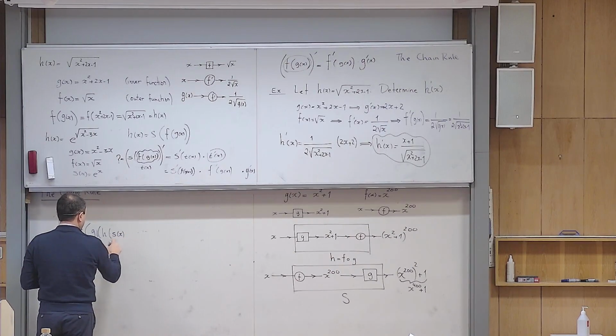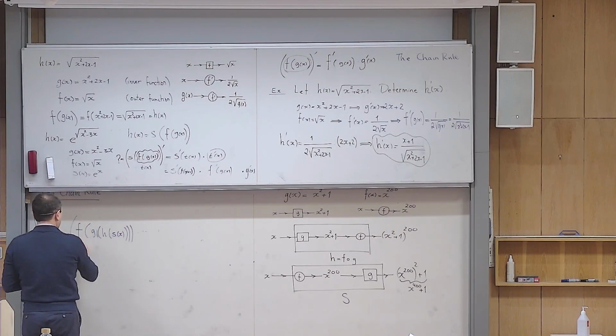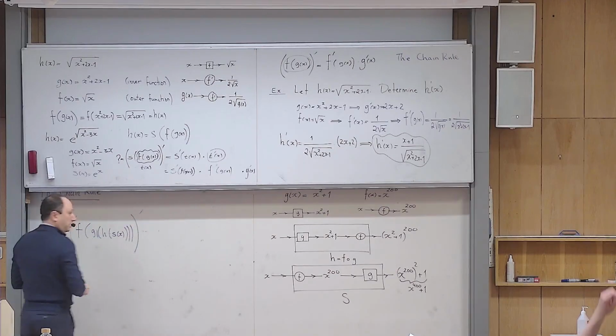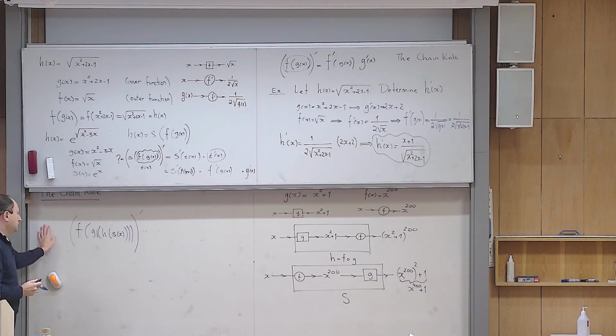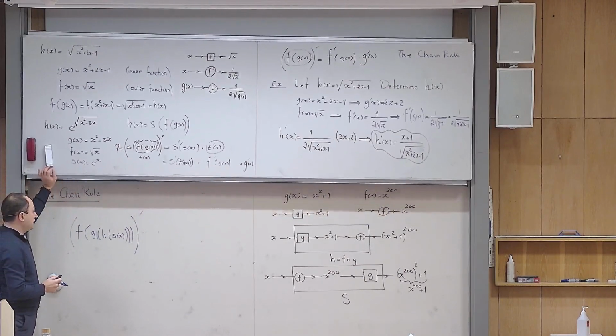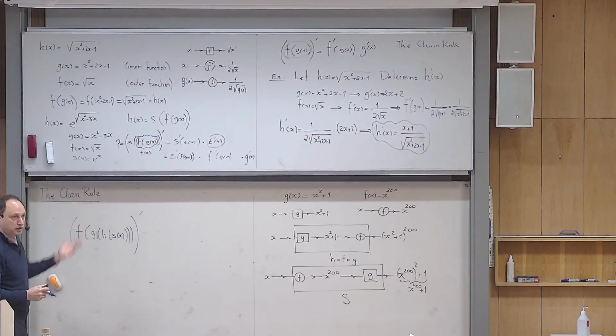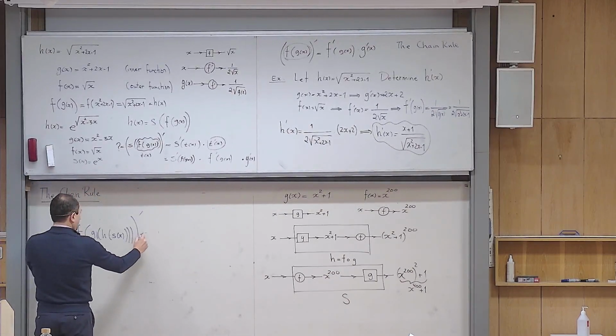One, two, three, four brackets open, one, two, three, four brackets closed. And then I ask you to find the derivative of that. Can you tell me what I should do? Hopefully you understand the pattern. So f prime is involved.